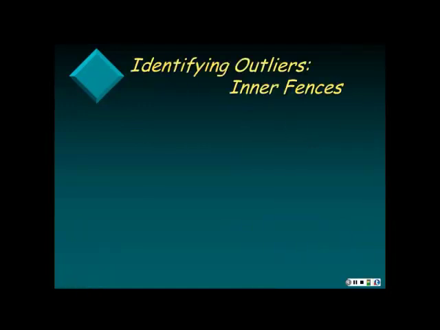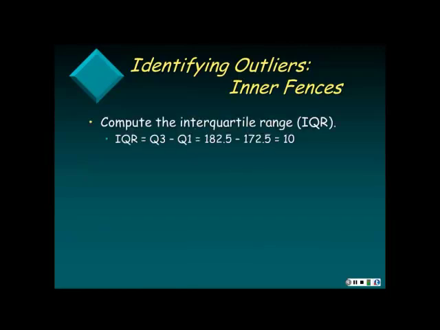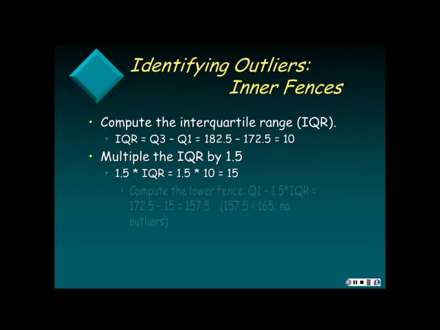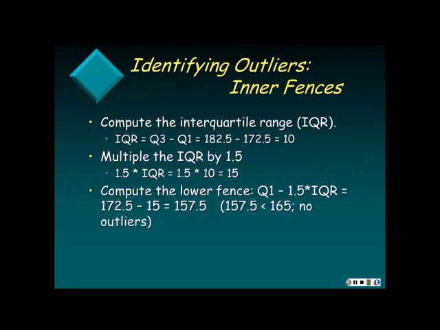So the inner fence is what we use to identify outliers. Again, those are the ones that are 1.5 IQRs away from the box. So as I said a moment ago, the IQR, or interquartile range, is Q3 minus Q1. In this case, that comes out to be 10. Multiply that by 1.5. We got 15. So now we're going to go 15 units above the box and 15 units below the box to get fences or cutoffs.